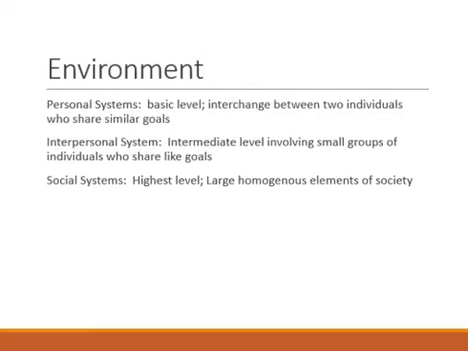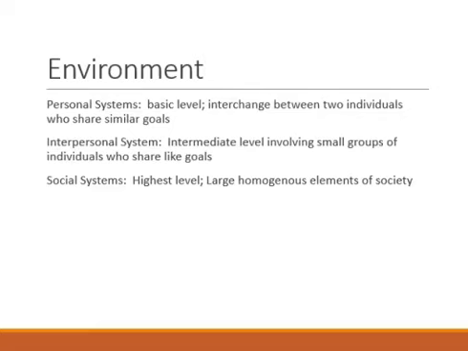Your personal systems are at the most basic level. This is where an interchange takes place between two different people who share similar goals. An example of this would be a client nurse relationship. And then we have the interpersonal system. This is more of the intermediate level, and it involves relatively small groups of individuals who share like goals.